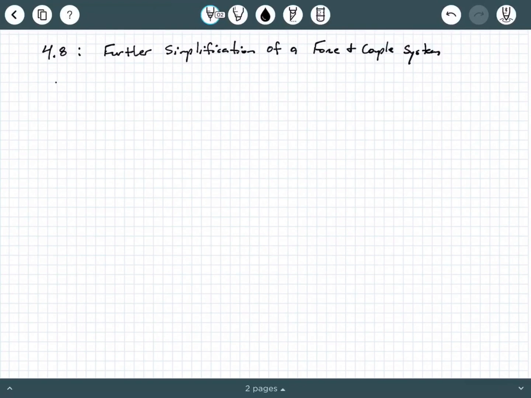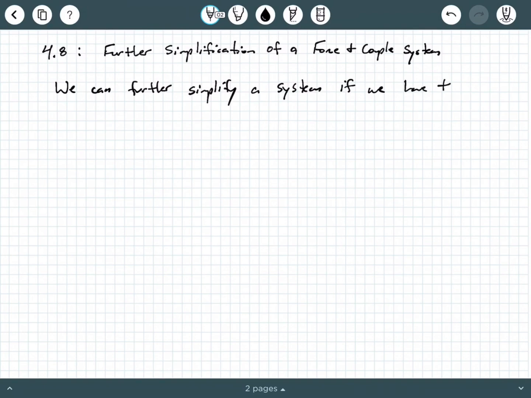So basically, in this case, we're saying that we can further simplify a system if we have the following conditions. Okay, so these conditions basically state if we have a concurrent force system.